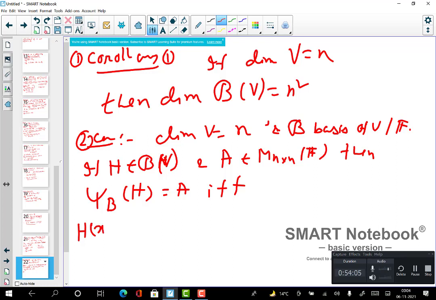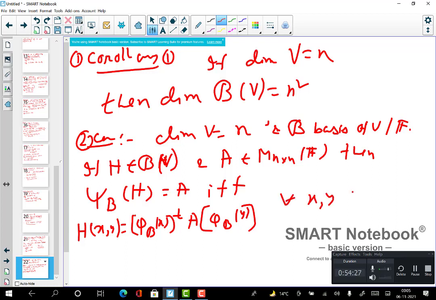For any vectors x and y, it has to be phi B of x transpose, then A, and then phi B of y. This is the only way you can define it, for all x, y belonging to V. So that tells you this works both ways.